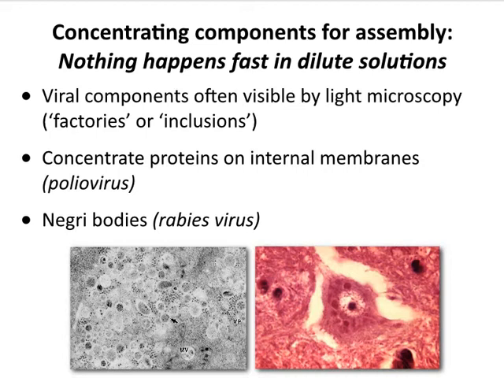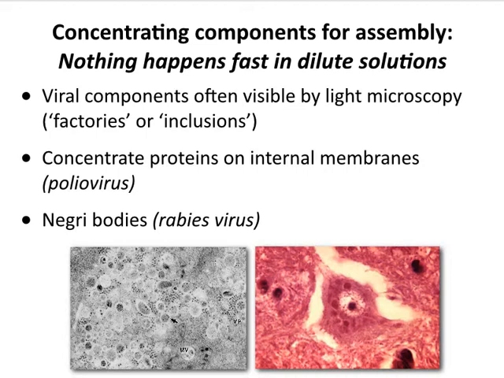So the ones for rabies were different from pox, were different from measles. So these are called Negri bodies. Here's a neuron right here, and these dark staining places are where the virus is assembling. These are the factories. So lots of viral components, proteins and RNAs getting assembled there.